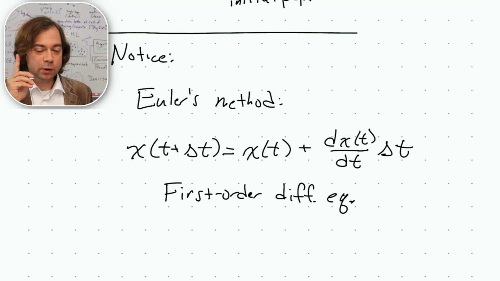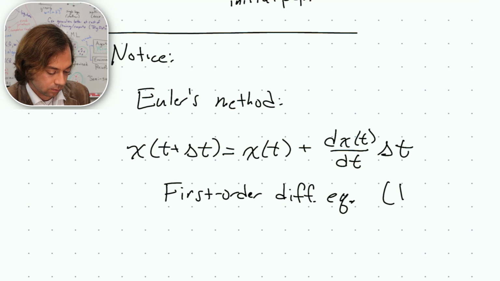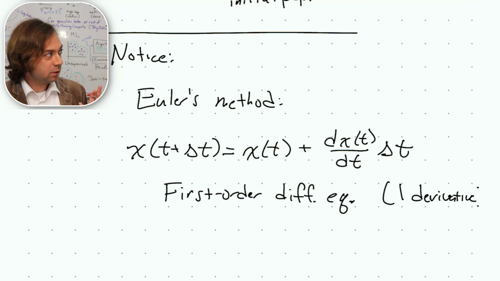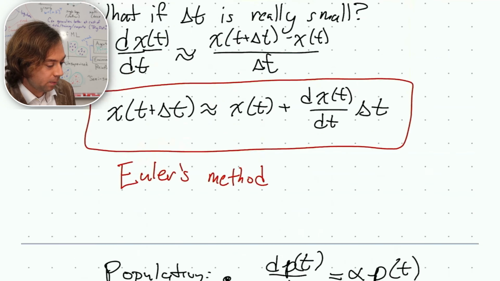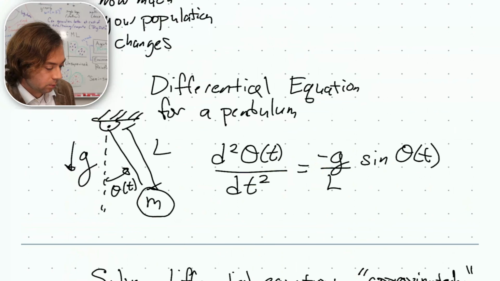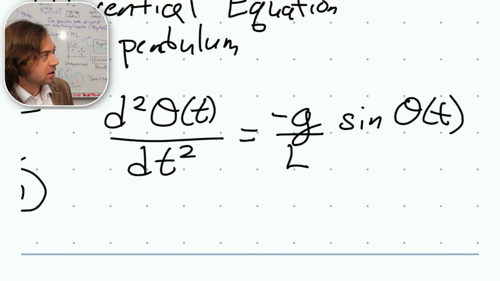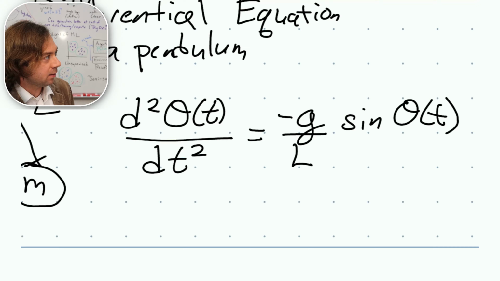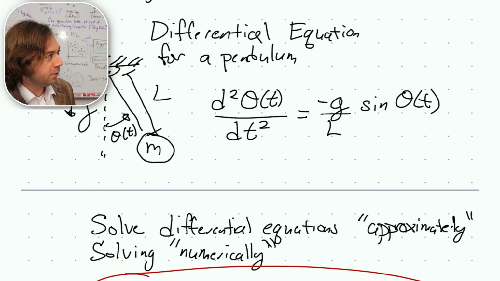First order means only one derivative. That worked really well for this population model, but how is it going to work with things with multiple derivatives? So I'll scroll back up to my pendulum right here. That's a second derivative with respect to theta, right? So we're going to have to learn how to deal with that.